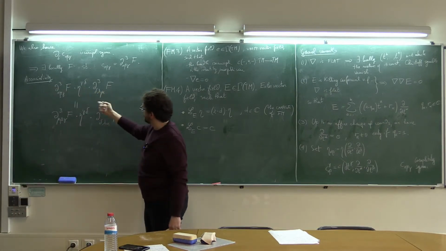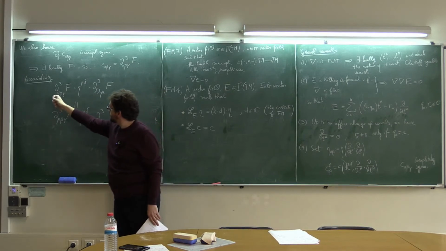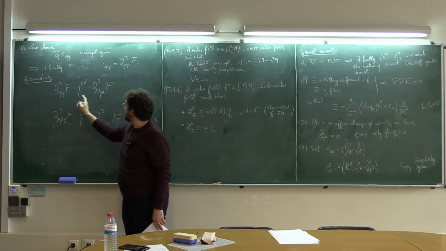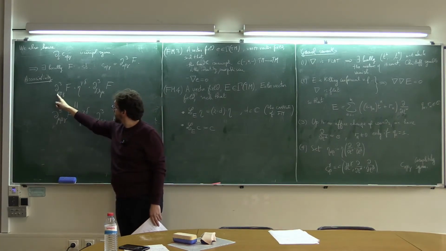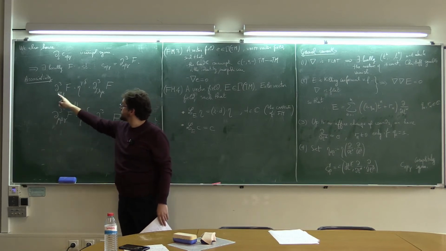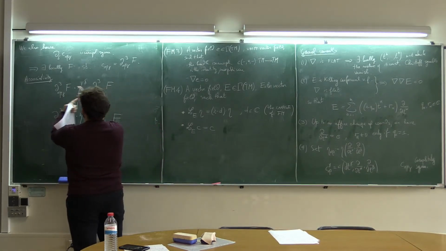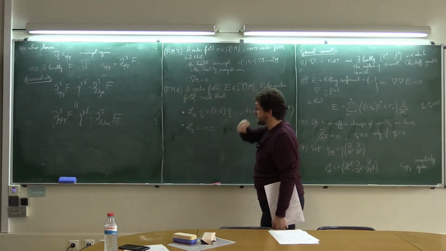Look at the indices: alpha, beta, gamma, delta, lambda, mu. On this side we have replaced alpha with the last one and the last one with the first one. So we just exchange the first and the last index.